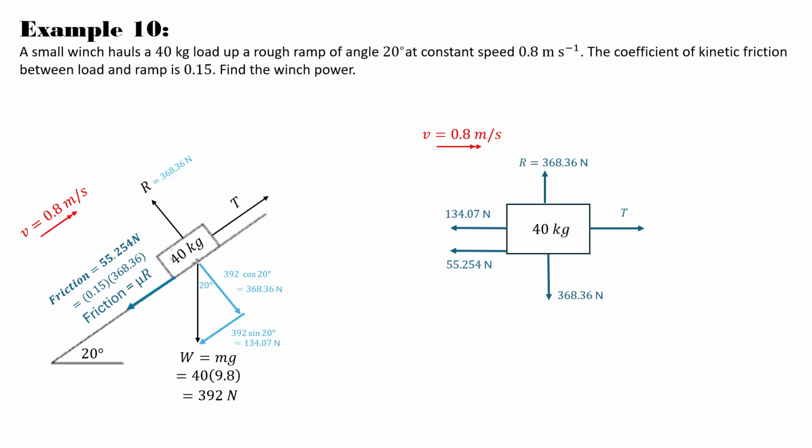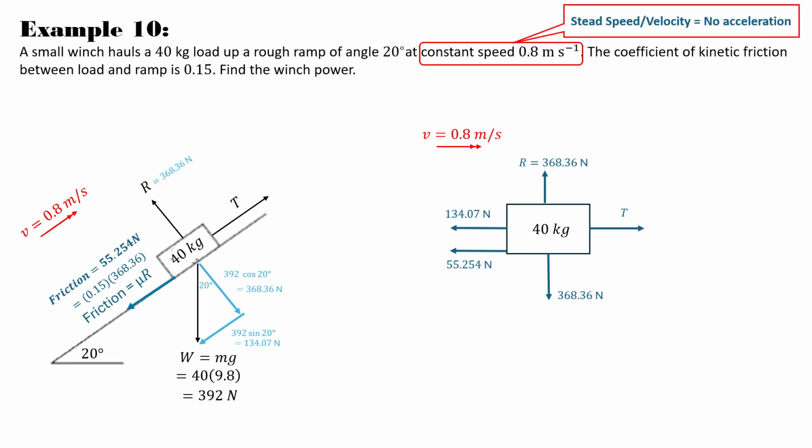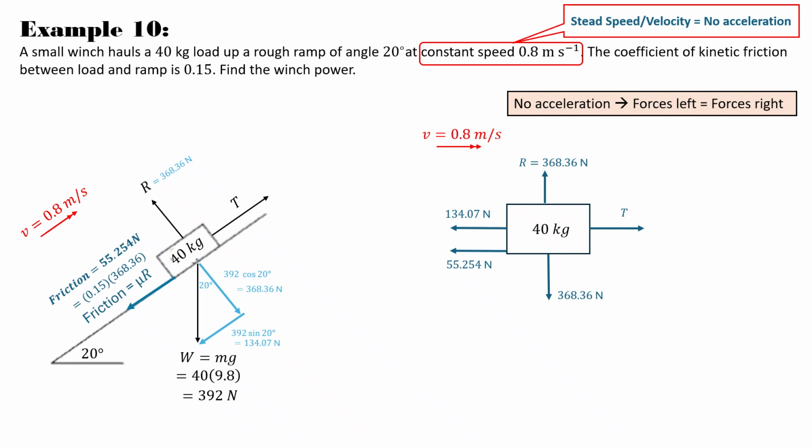Again, I like to have these horizontal, so I've rotated everything. So they're asking us to find the power of that winch. But actually, first of all, we need to figure out, well, what's the tension? Because we need that force to get the power. So remember that we have constant speed, which means there is no acceleration, which effectively for us means forces left equals forces right.